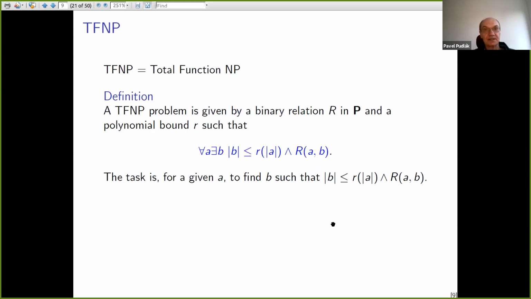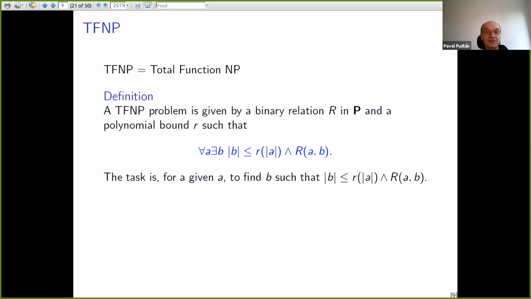Now let's get to total function NP. TFNP means total function NP, which I define in the following way. A problem in total function NP is given by a binary relation that is computable in polynomial time and a polynomial bound, such that the relation defines a multi-valued but total function.